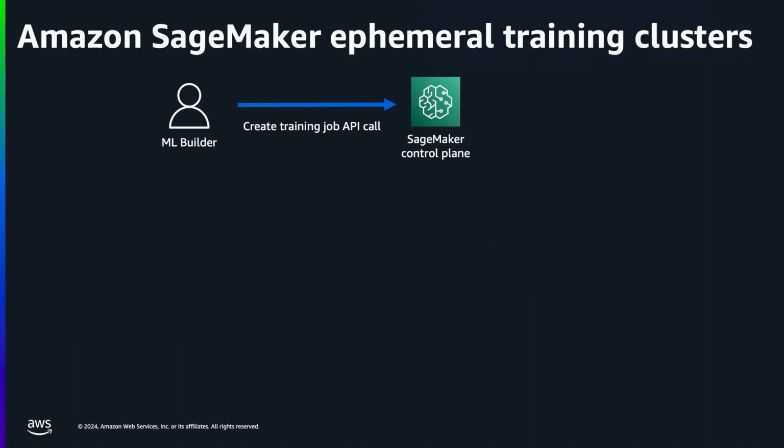First off, on SageMaker, we provide ephemeral training clusters that you can use to spin up these machines and to interact with these accelerators. When you're pre-training your own foundation model, this can be anywhere from hundreds to thousands of accelerators, and no one wants to provision and rack and stack and maintain all of those accelerators.